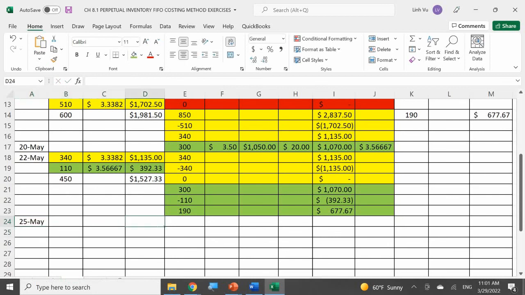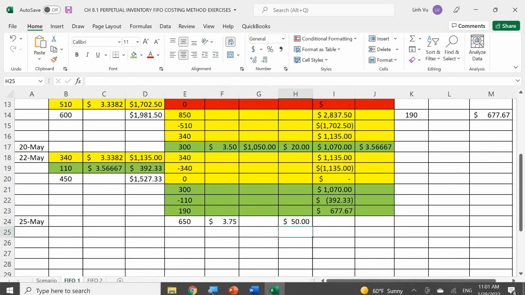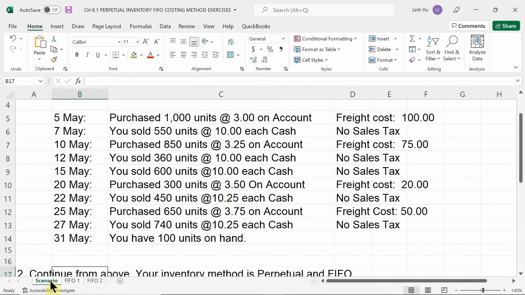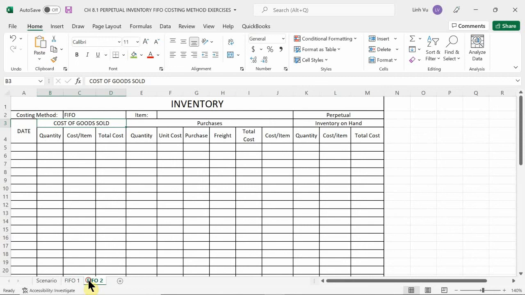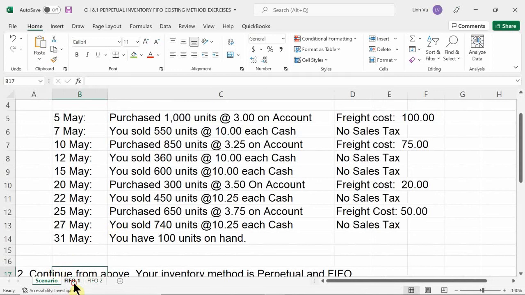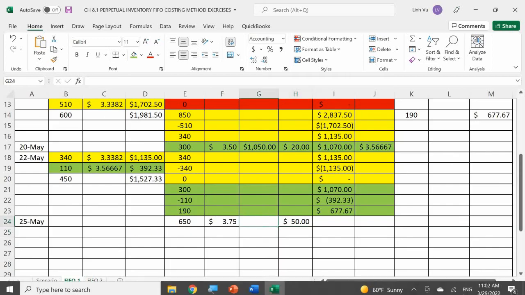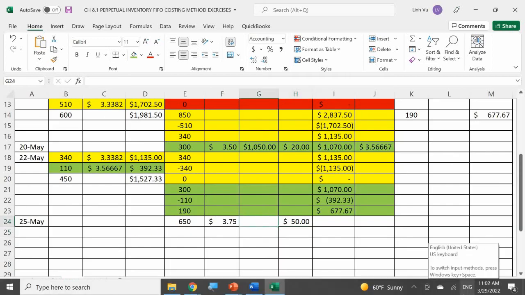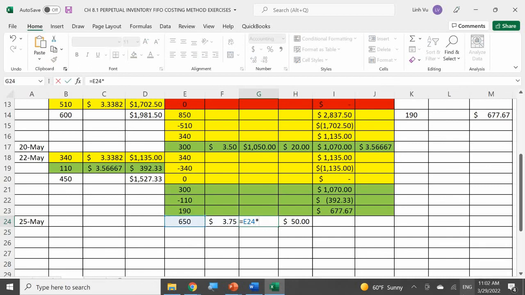We didn't sell anything, but we did purchase 650 units at $3.75 with a freight of $50. Okay? So in this case, what's my purchase price going to be? If I bought 650 units at $3.75.